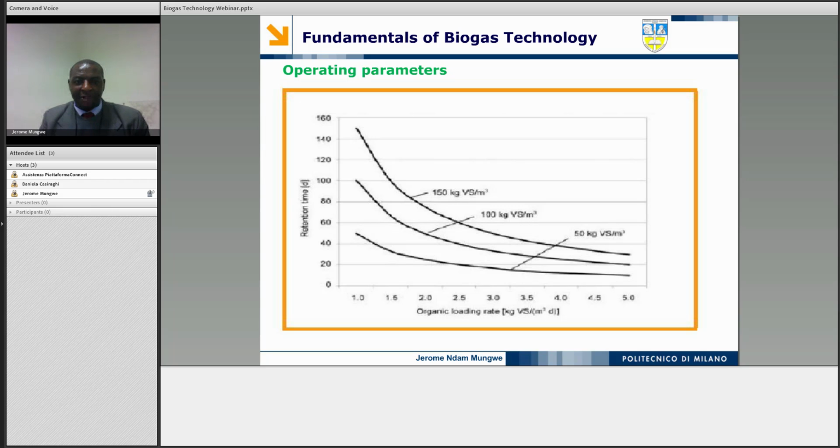So we have on the graph here the relationship between the hydraulic retention time and the organic loading rate. If you increase the organic loading rate, you are reducing the retention time, so there is the risk of flushing out the microorganisms that are useful for the process.